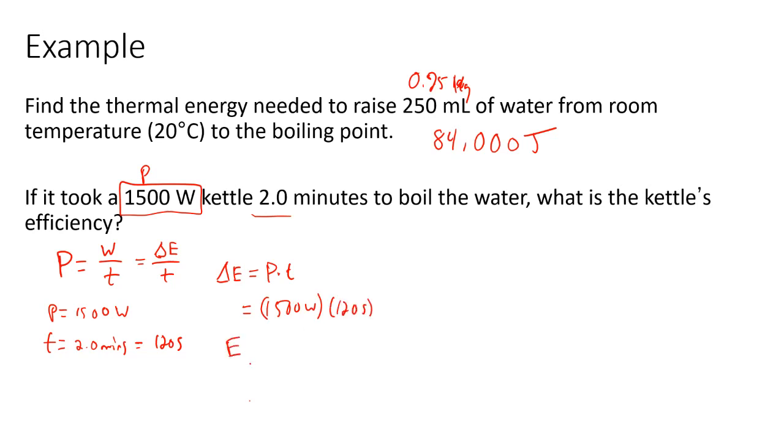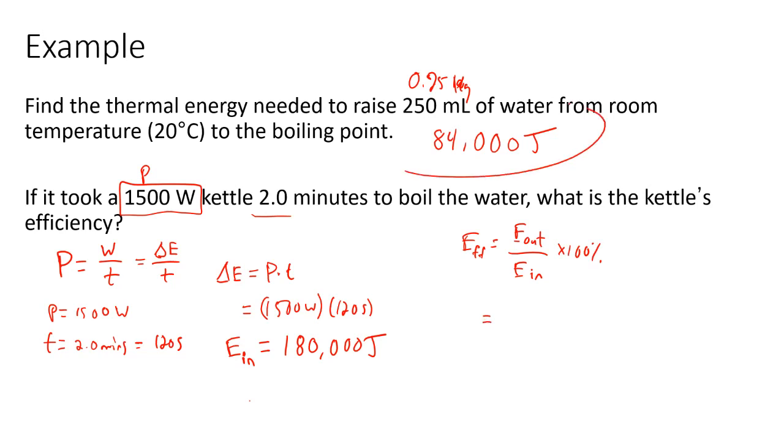I'm going to change the subscript here because our energy input, as I mentioned earlier, is oftentimes just the amount of electricity that's needed. And here it'll be 180,000 joules. Using our efficiency formula, we can find the energy out over our energy input, and turn that into a percent.